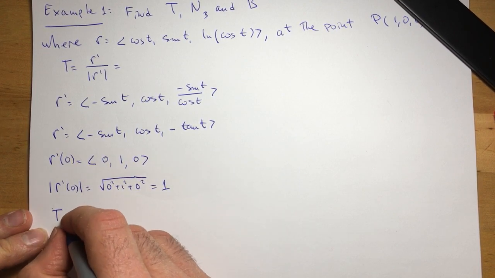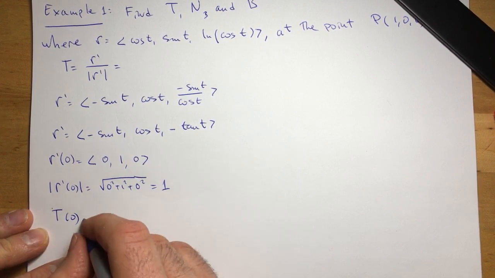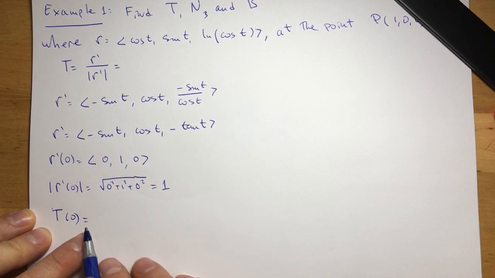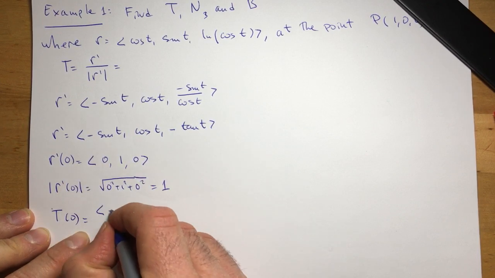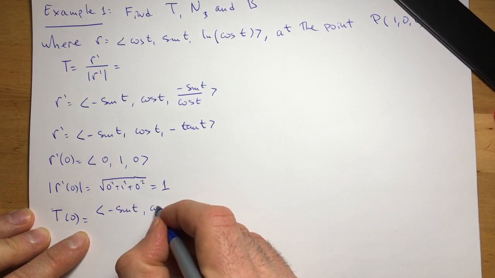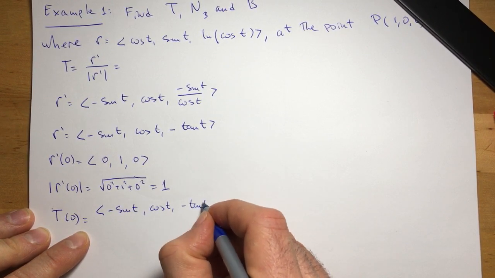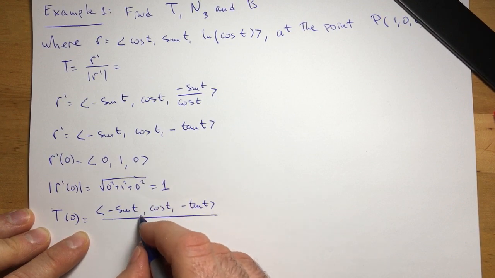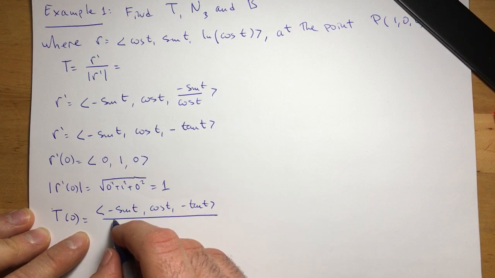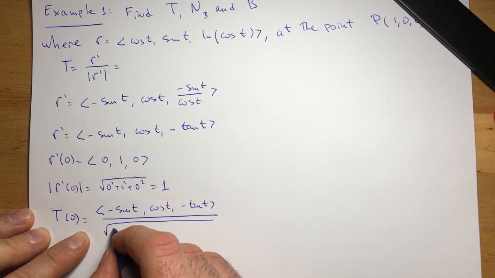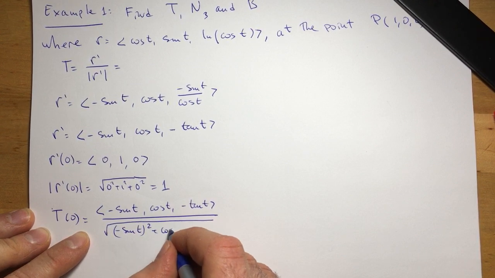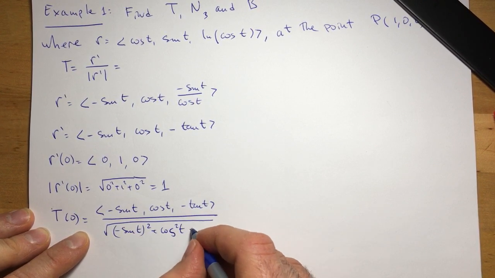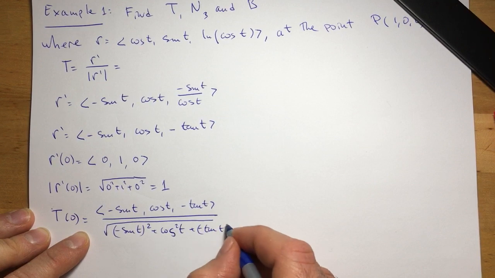So from here, the unit tangent vector at 0 is equal to negative sine of t, cosine of t, negative tangent of t over the square root of negative sine of t squared plus cosine squared of t plus negative tangent of t squared.